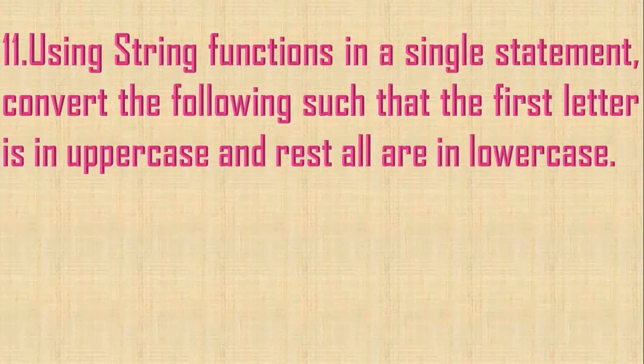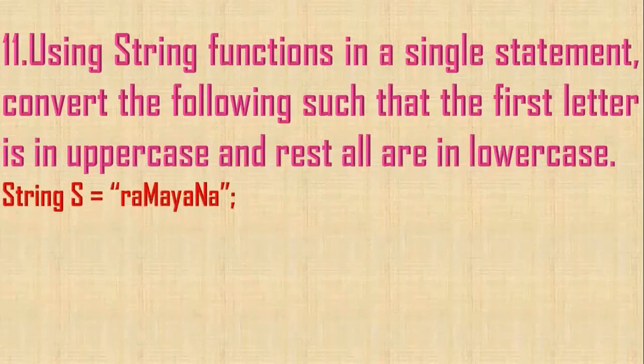Using string functions in a single statement, convert the following such that the first letter is in uppercase and the rest are all in lowercase. Here string s is equal to "Ramayana" given in mixed case. It is indicated to use only string functions. So we have to take the first letter and convert it into uppercase.